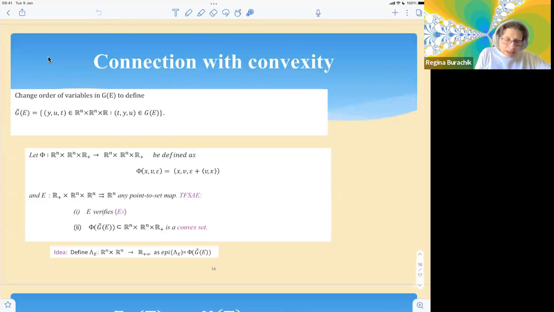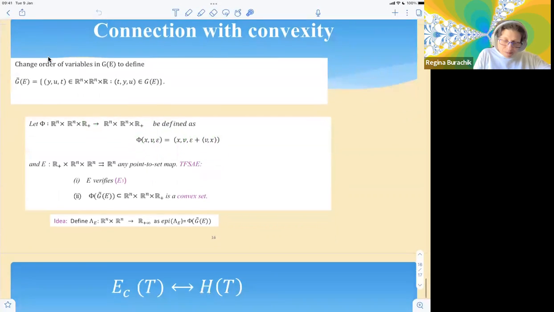And then we define this function phi, which is a bijection from Rn times R plus to the same set, defined in this way. I just take x v, the identity in the first two coordinates, and then in the last coordinate, I add the scalar product.